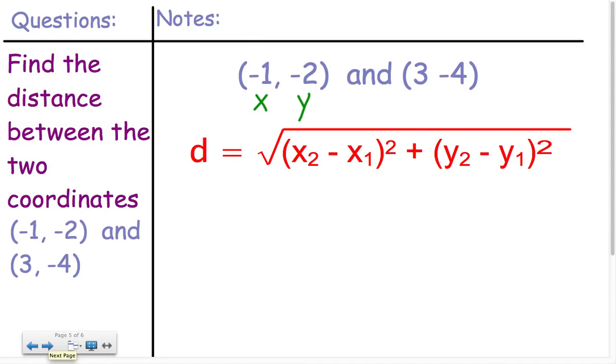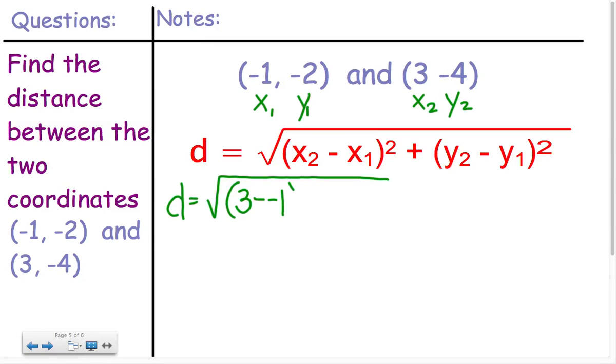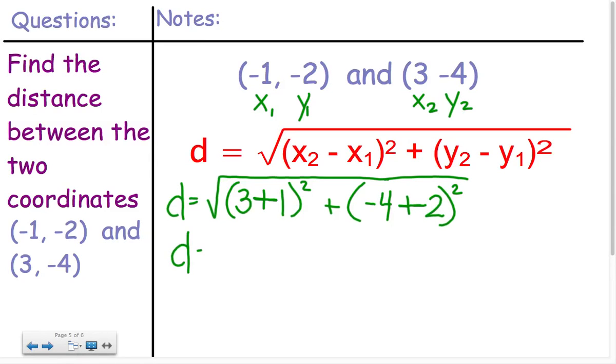xy, 1, 1, 2, 2. So x2 is 3 minus x1, so minus a -1 again, so superplus. Plus y2, which is -4, minus a -2 again, so another superplus. 3 plus 1 is 4 squared, plus -4 plus 2 is -2 squared.